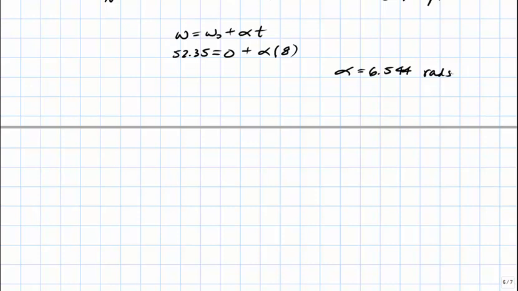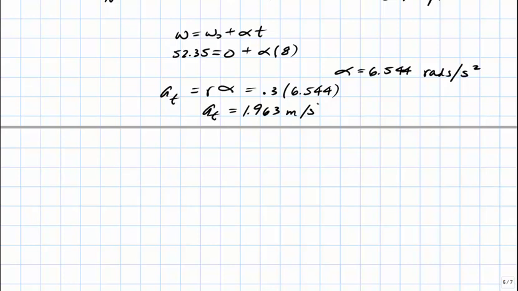And the units are radians per second squared, and from that we can determine the value of a tangential through a tangential equals r times alpha, which equals 0.3 times 6.544, and the result is 1.963.